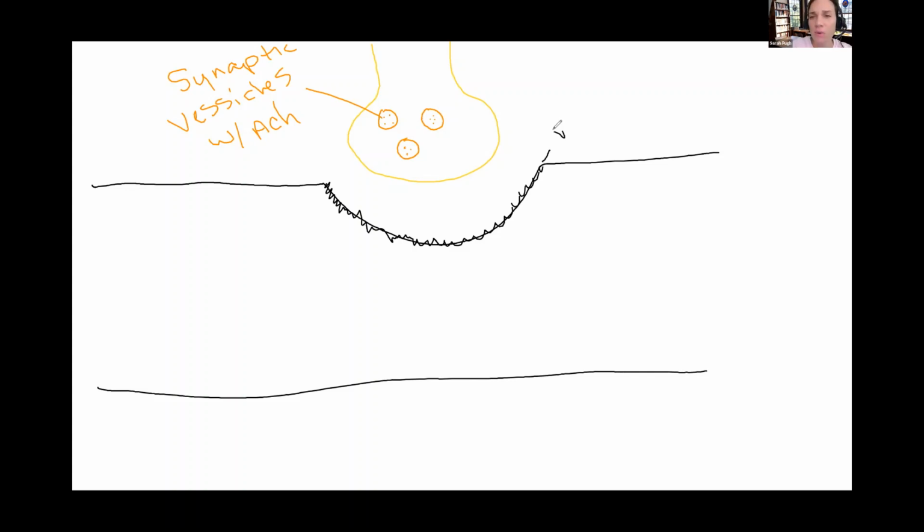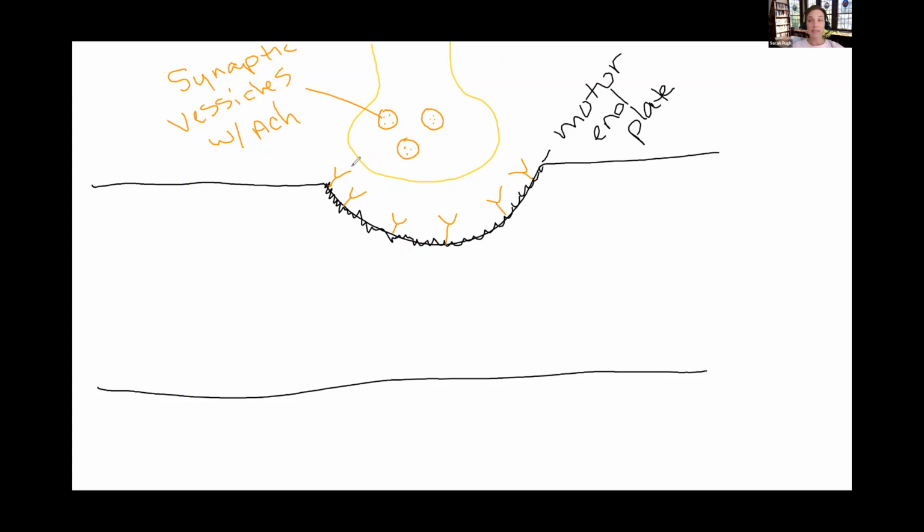And the reason why this is a special area of the sarcolemma is because it has receptors for acetylcholine on it. So I'm going to do those in orange since I did acetylcholine in orange. So these are little receptors. I make them look like little Ys. Okay, so here's my little acetylcholine receptors.